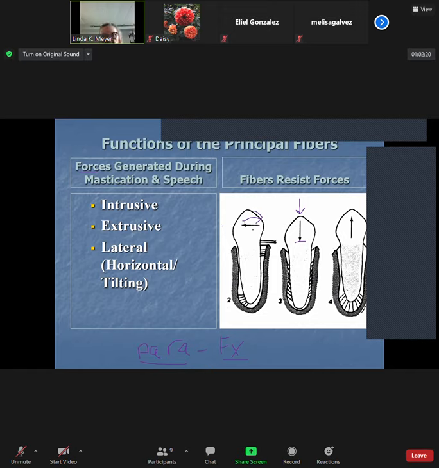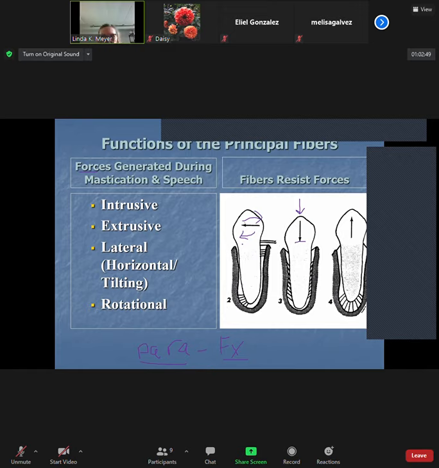And then, not shown, I'm going to draw another arrow on this one, those are rotational or twisting forces. We even have a little bit of them. During parafunctional habits, these lateral and rotational forces may be excessive on the periodontium and actually lead to some damage.